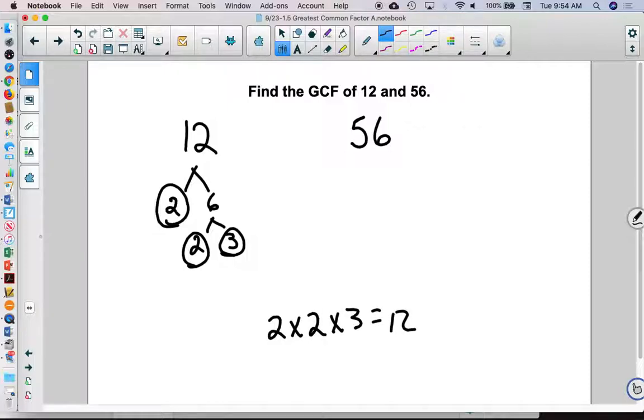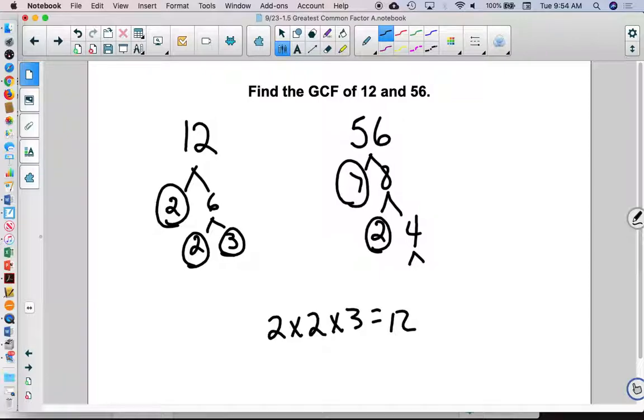All right. Somebody help me with 56. Gabe. 7 and 8. 7 is prime. 8 is not. So I've got to have another branch come off. Where do I go next, Gabe? 2 is prime. 4 is not. Take it on down.